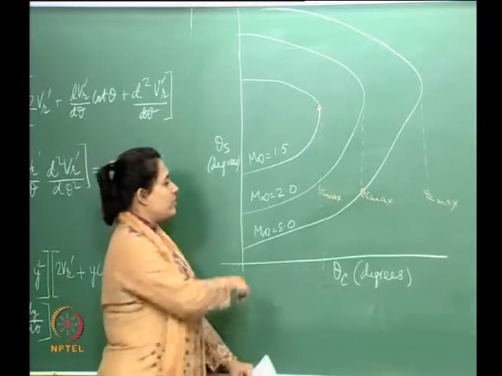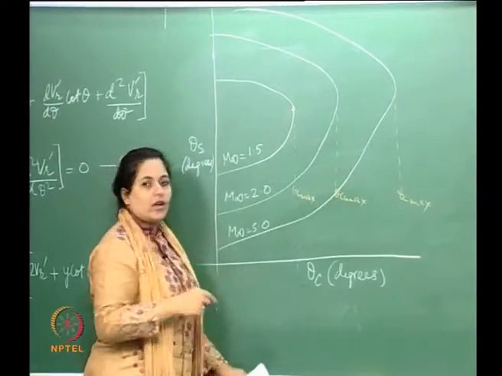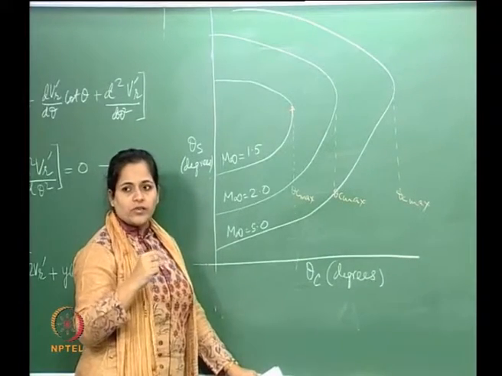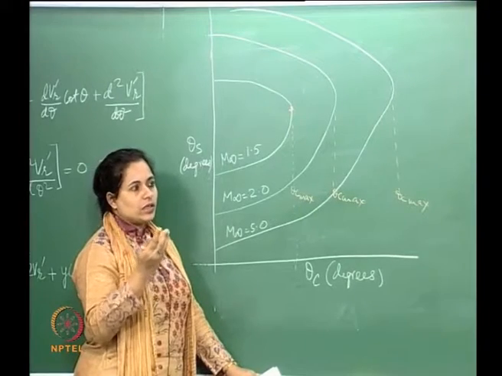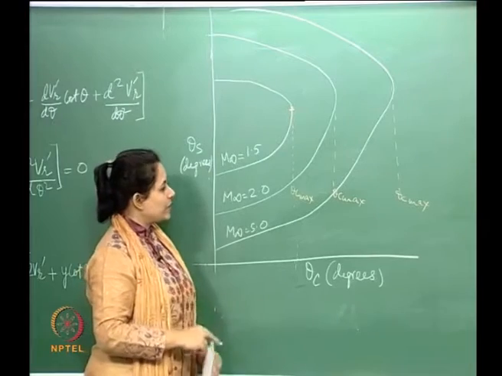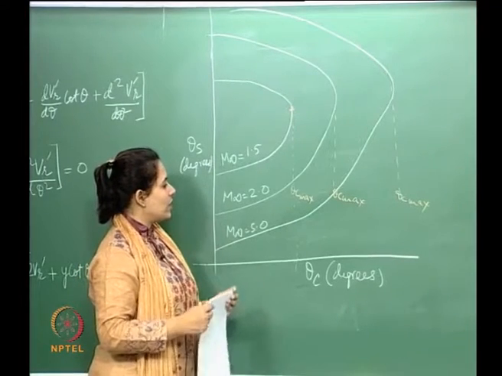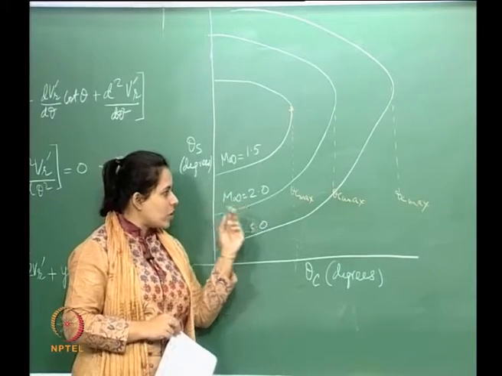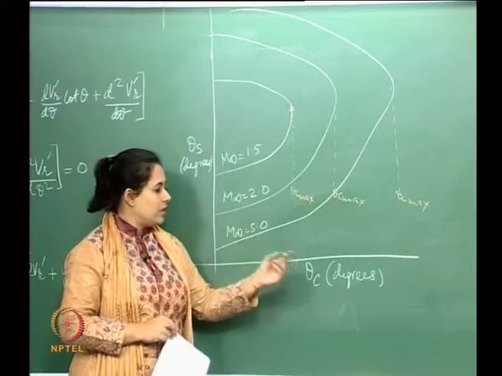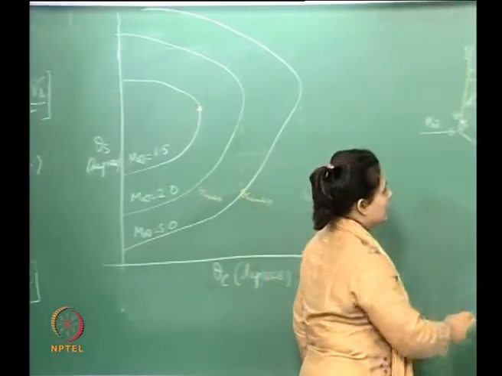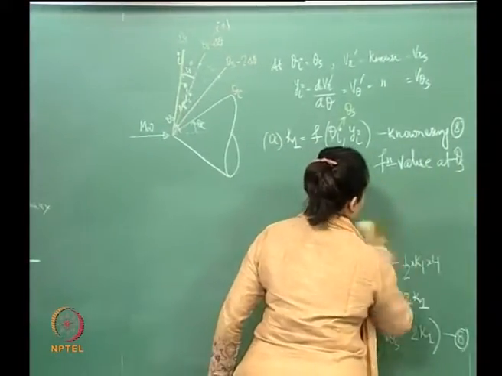For the same Mach number, for a smaller value of theta c, the shock is going to detach when it comes to a wedge. Whereas for the cone, for the same Mach number, the shock is going to be attached for a larger theta c. So, if I were to do a bit of a comparison.